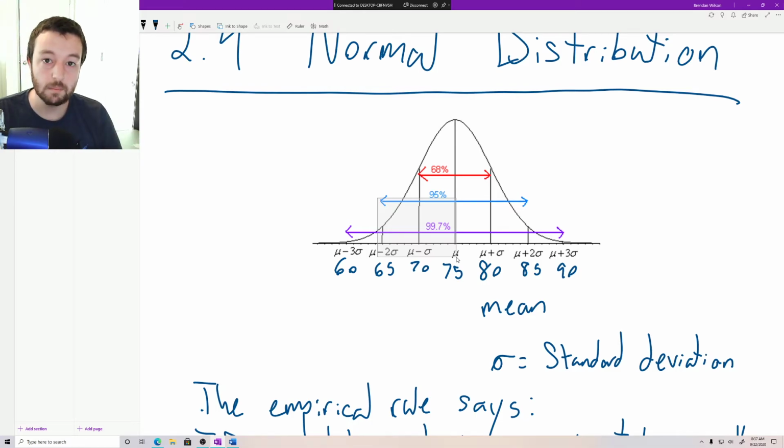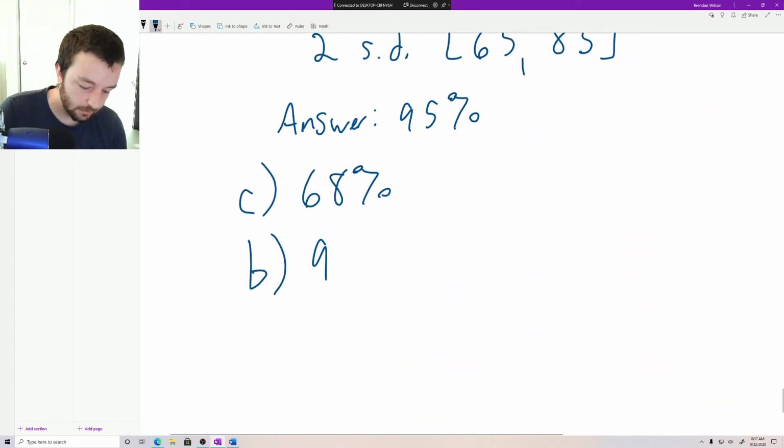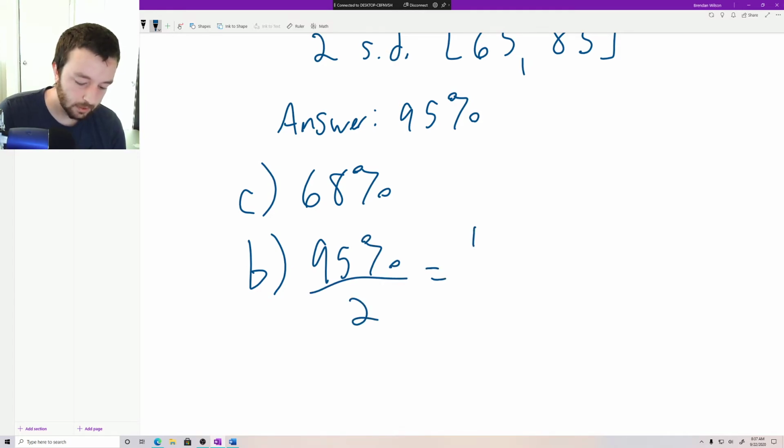In other words, the mean and the median are the same thing. Which we can see from the picture here. But that means that between 65 and 75 is going to be exactly half of 95. So it would be 95% divided by 2, which would be 47.5%.